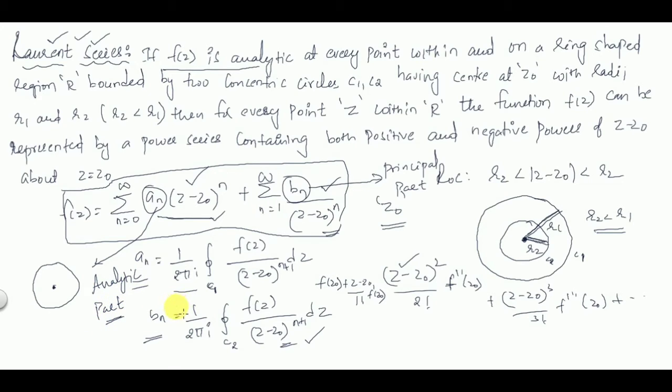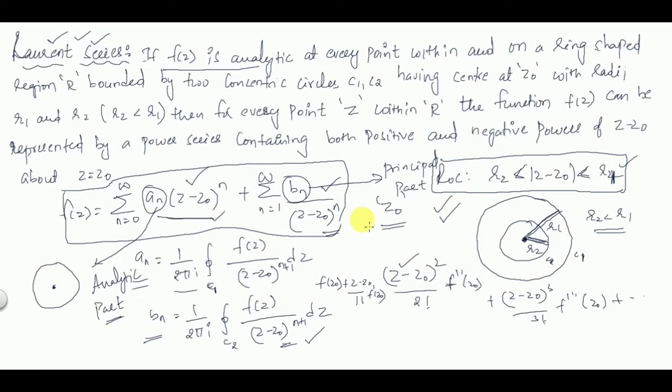There are two concentric circles whose radii are R1 and R2, and its ROC is given by R2 less than modulus of z minus z naught less than R1. There will be some considerations in the Laurent series expansion based on the given ROC.